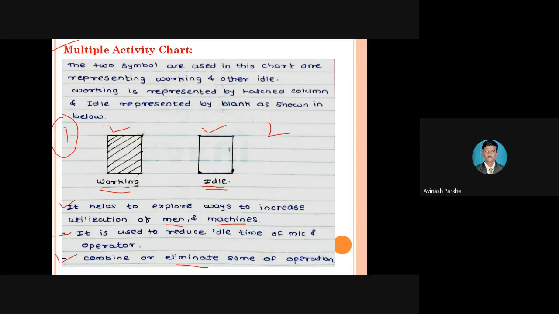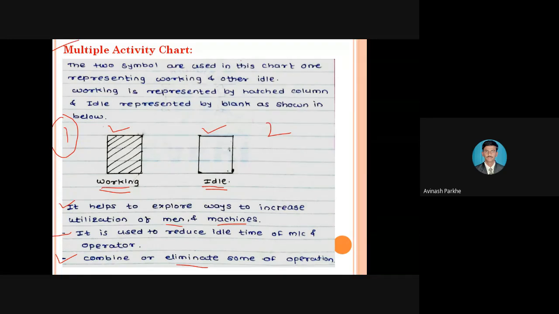But whatever unnecessary long movements are taking place, through this particular chart you will not get the information about the distance from machine number 1 to machine number 2. What will be the distance traveled, whether it is 1 meter, 2 meter, 3 meter.